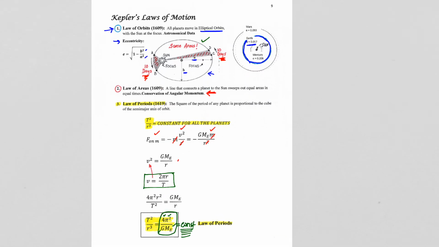And ultimately, Newton gave us the answer, and Newton showed mathematically, if you take the force equation G, mass of Earth, mass of the object, and the little m here would be a planet, divided by the r squared for the planet. If you take that force equation, it will explain everything that Kepler was saying. Now, we're not going through the mathematical proof of that, but it is certainly of historical importance, so please make sure you copy down what you need to here in your notes, and we will continue on.